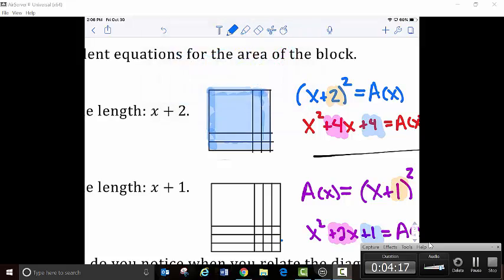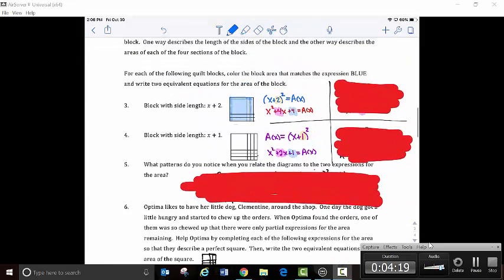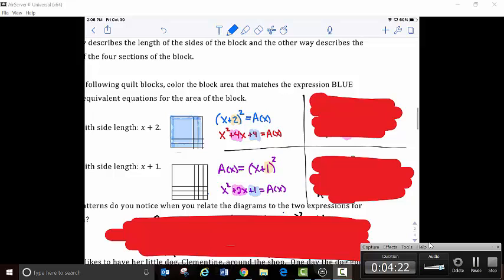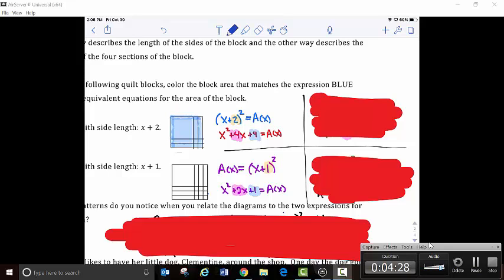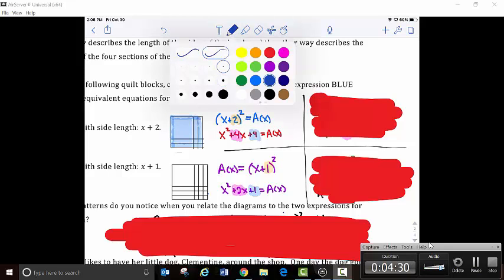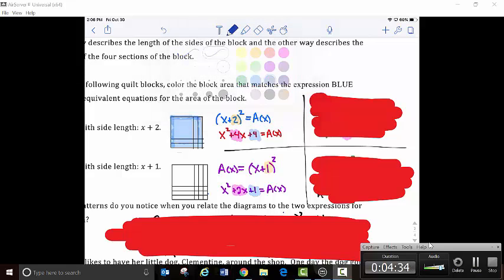Now that you've colored it, you want to write the equation. So if you think about it, well, we already said it has a length of X plus 2 and a width of X plus 2.